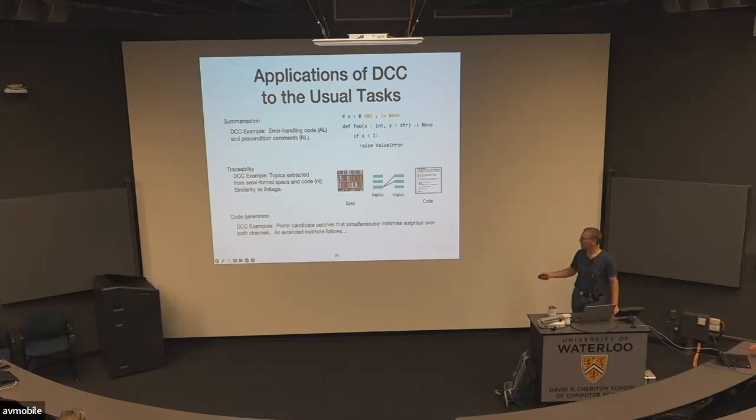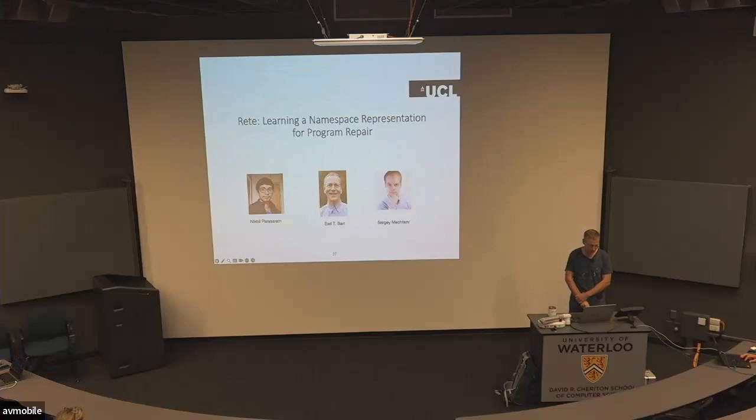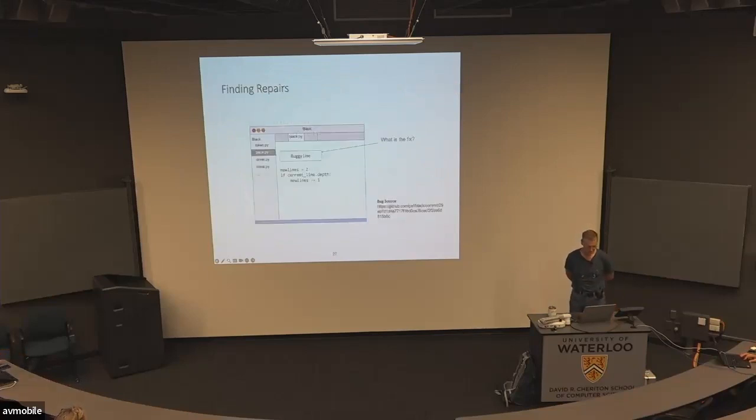And then finally, in code generation, dual channel constraints imply that we should prefer candidate patches that simultaneously minimize surprise over both channels. To illustrate that, I'm going to talk about this paper that appeared at ICSE this year and won an ACM Distinguished Paper Award.